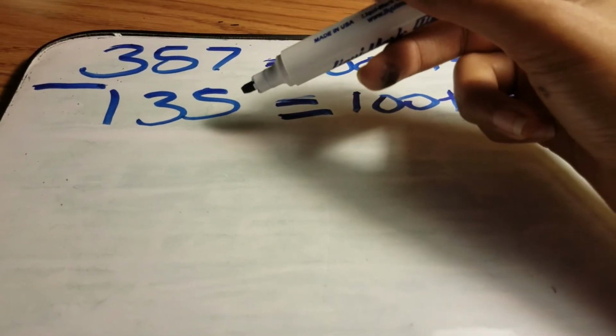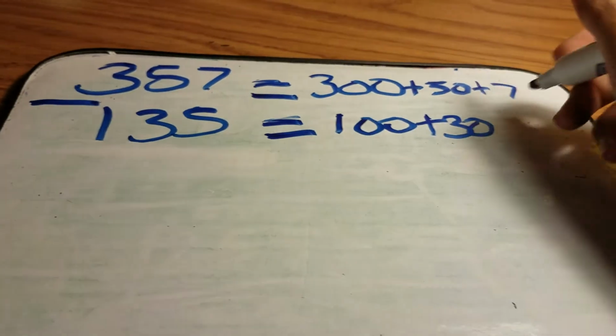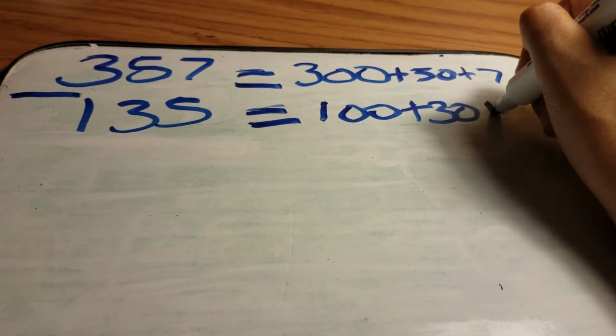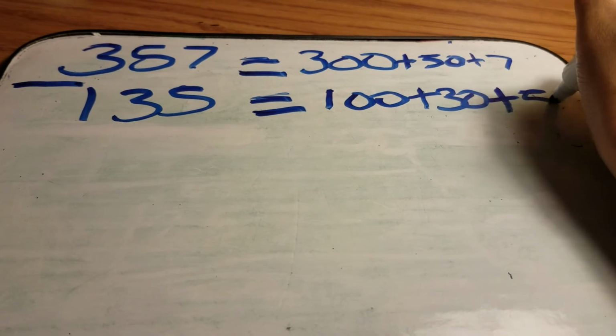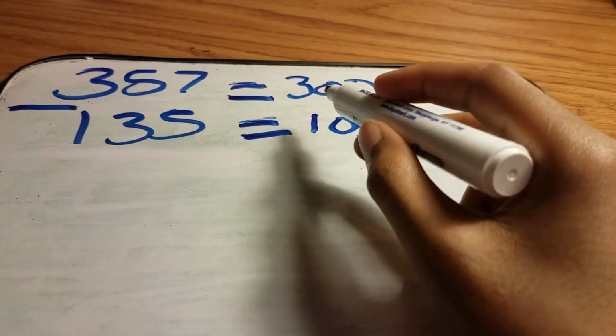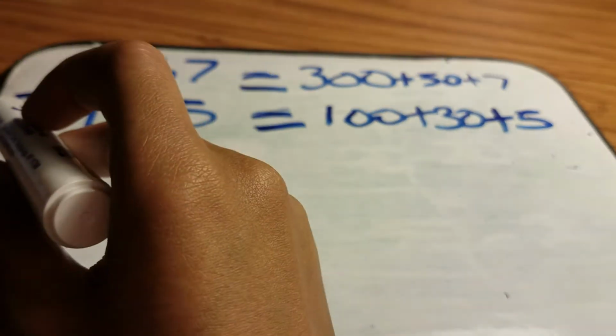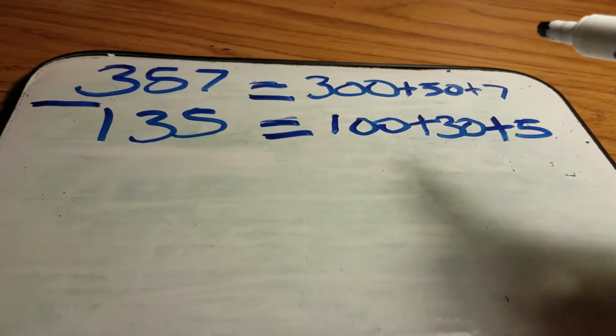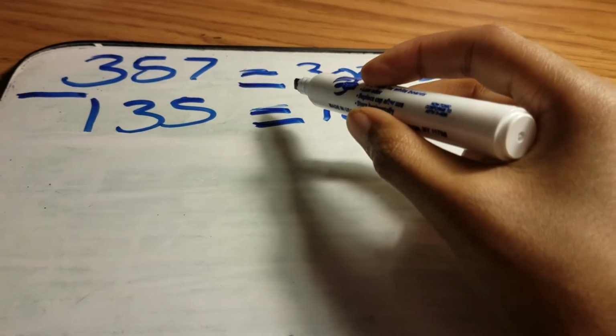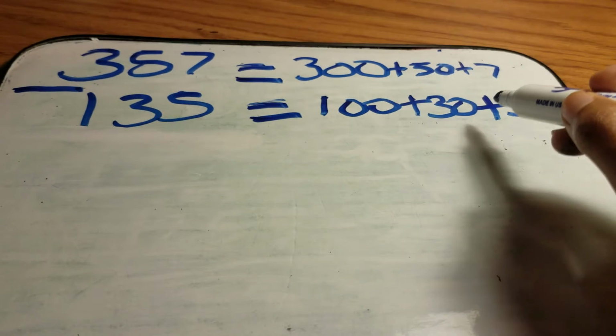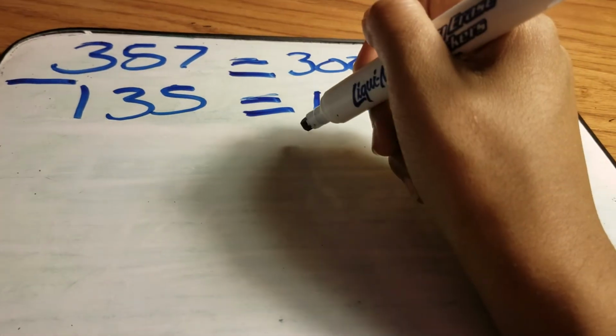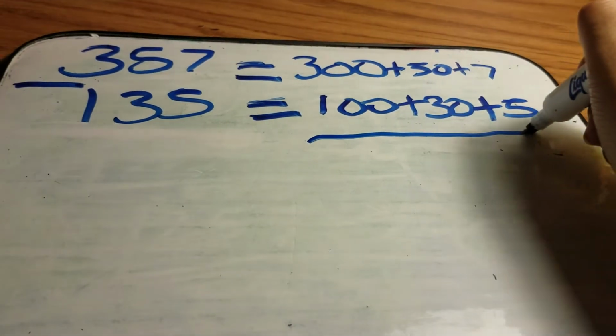And we have 5 in the ones place, which is simply going to be 5. Now again, we're not adding any of this, we're still subtracting in order to get our answer. So we are subtracting each place value here, and I'm going to show you what this looks like.